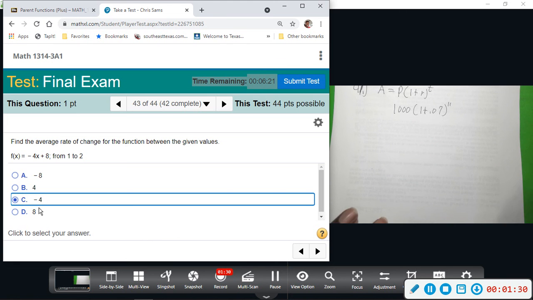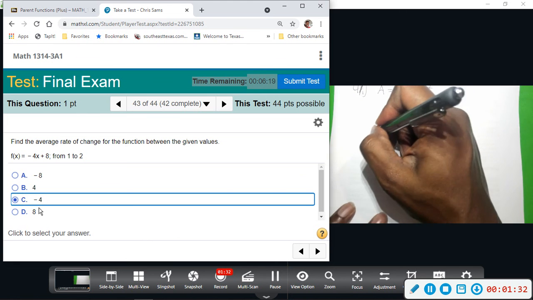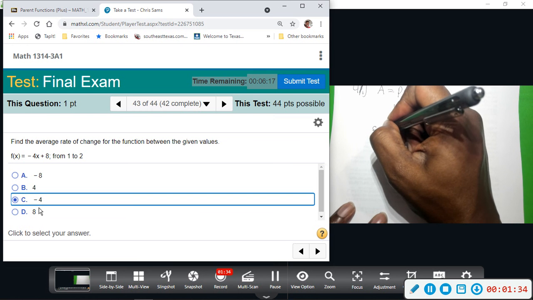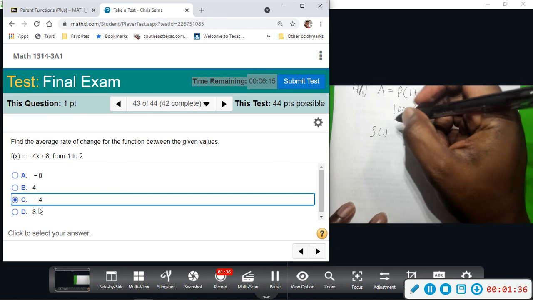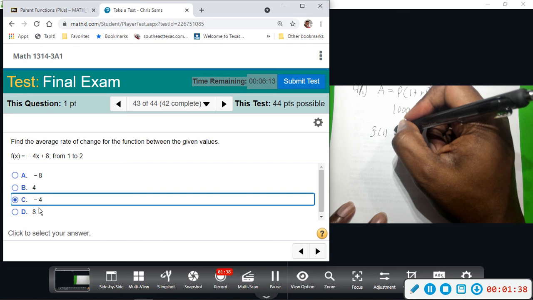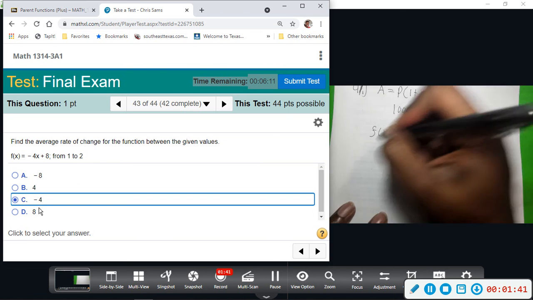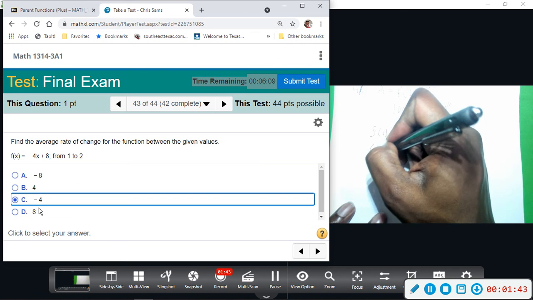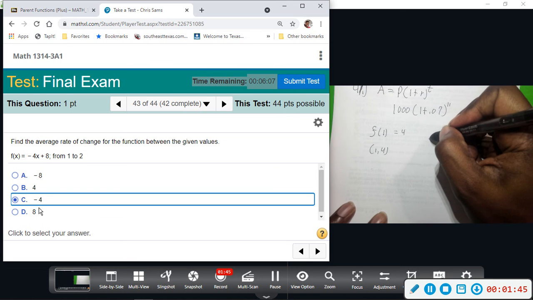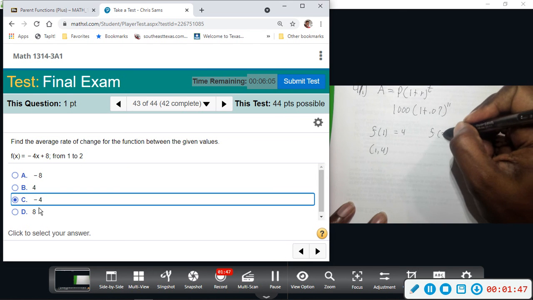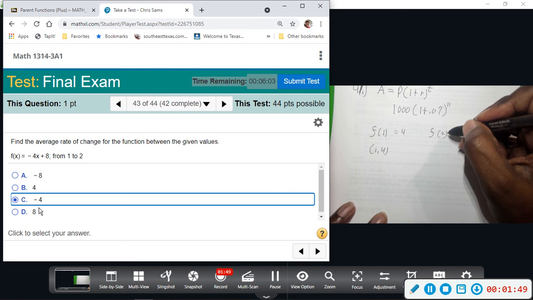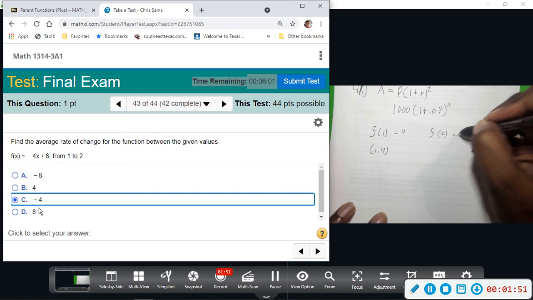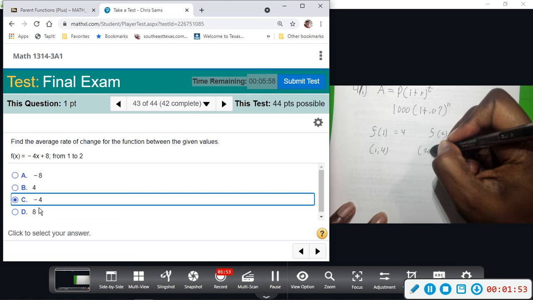So again, what I'm saying is you would plug in 1. If you plug in 1, -4 plus 8, that would give you 4. So you got the ordered pair 1, 4. And then if you plugged in 2, 2 times 4 is 8, that would give you 0. So you have the ordered pair 2, 0.